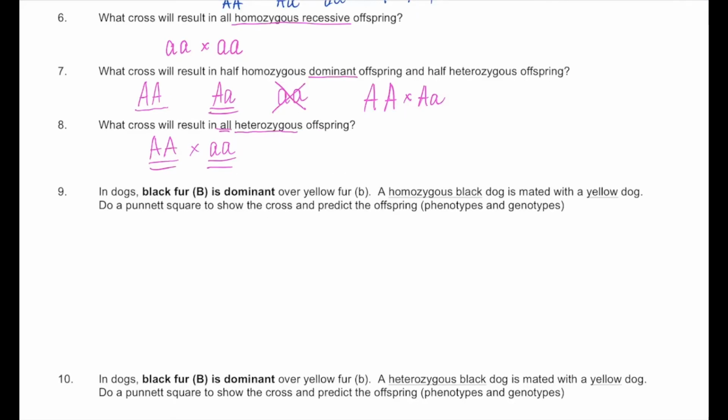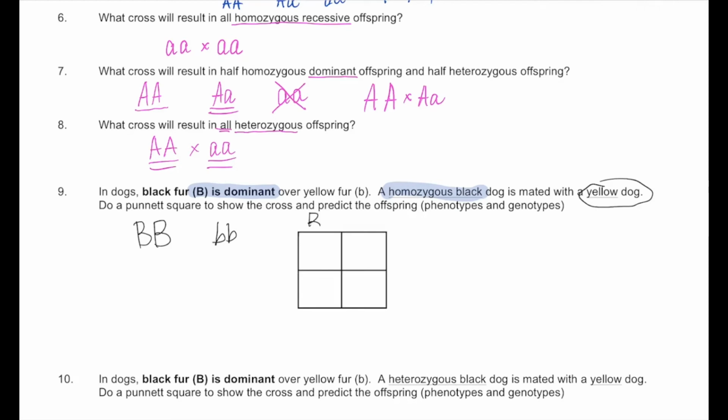Number 9. So what we have here is in dogs, black fur is dominant over yellow fur. B is your dominant and lowercase b is going to be yellow fur. A homozygous black dog, that's the genotype, is mated with a yellow dog. The only possibility for a dog to be yellow is this. These two dogs are crossed, do a Punnett square to show the cross and predict the offspring.